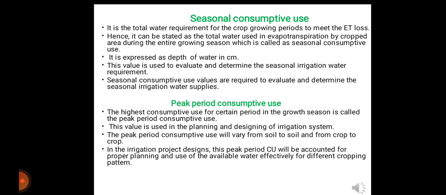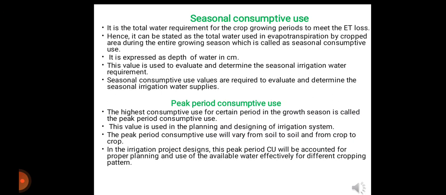Peak period consumptive use. The highest consumptive use for a certain period in the growing season is called the peak period consumptive use. This value is used in the planning and designing of irrigation systems.